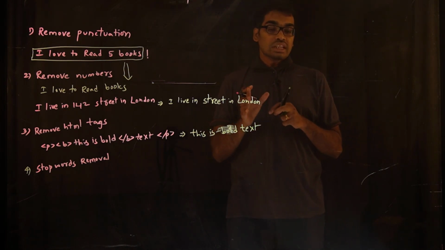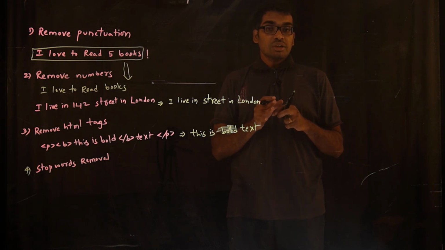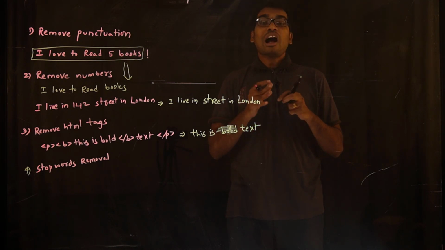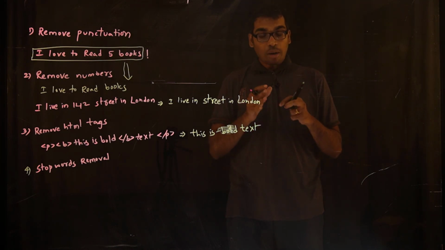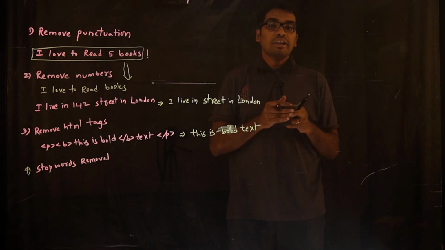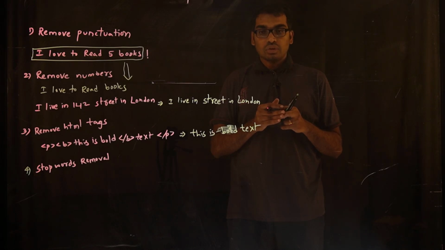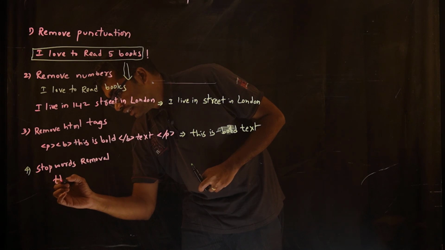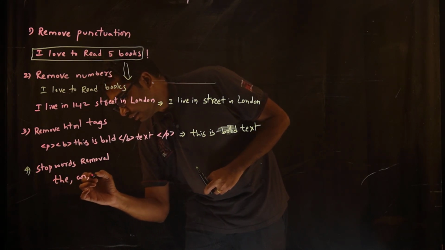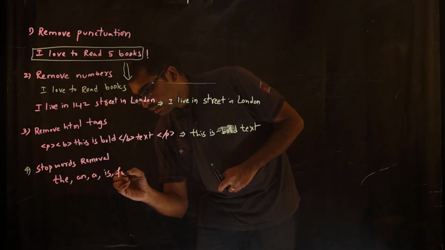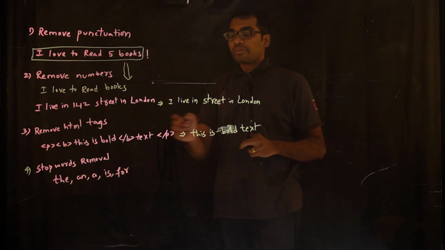Stop words are the words which do not make any meaning in the text. Those are common words which are irrelevant and do not have a lot of value in the text. Examples of stop words are the, an, a, is, for, something like this. There are a lot of examples like this.